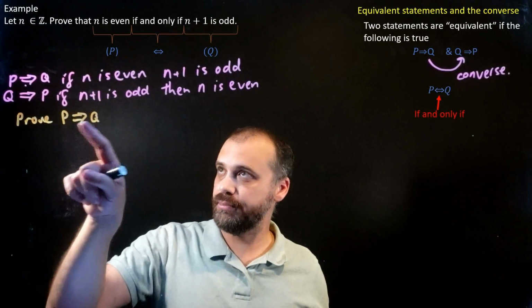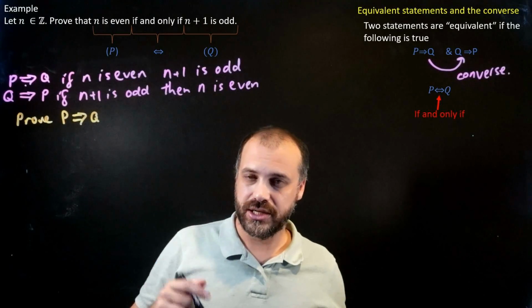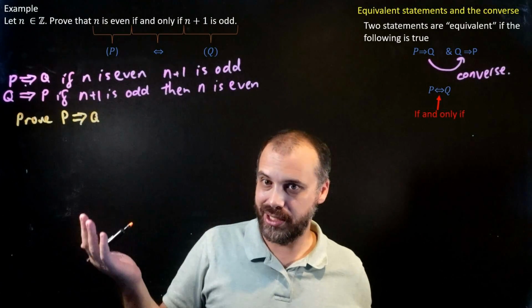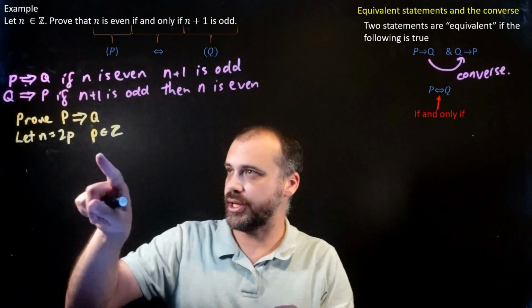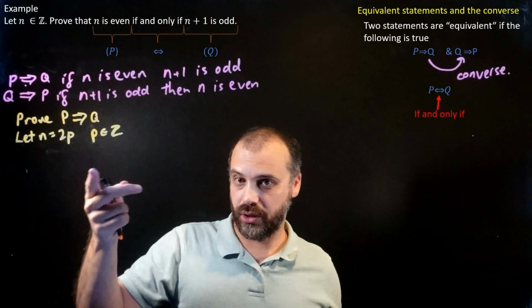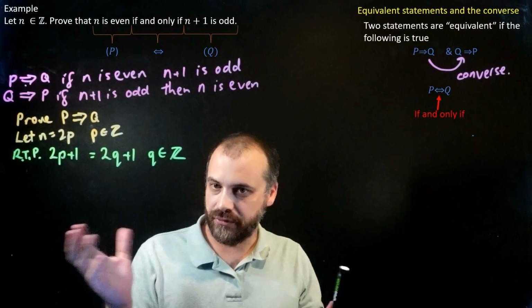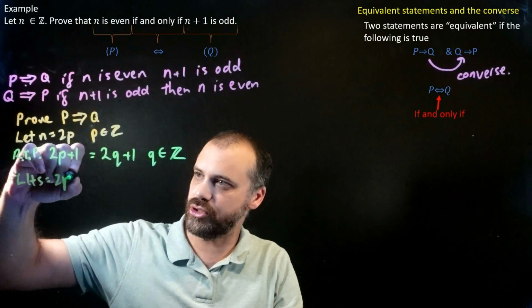Now when we're proving P implies Q, we have to assume this P is true. So we let n be even, let n equal 2p. All right, so if n is even, p is in the set of integers, okay? And then we write down what we're required to prove. In this case, we're required to prove that n plus 1 is odd, so let's do that. And from here, it's super trivial because we can see that the left-hand side is equal to 2p plus 1.